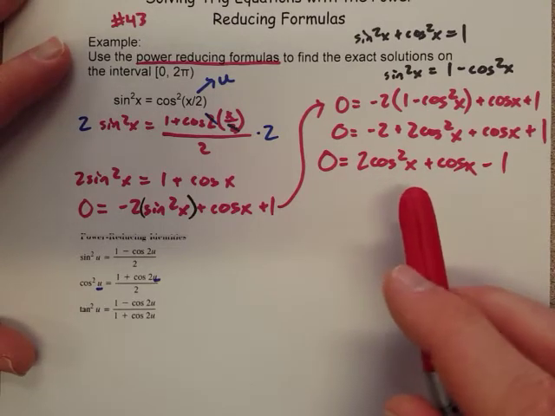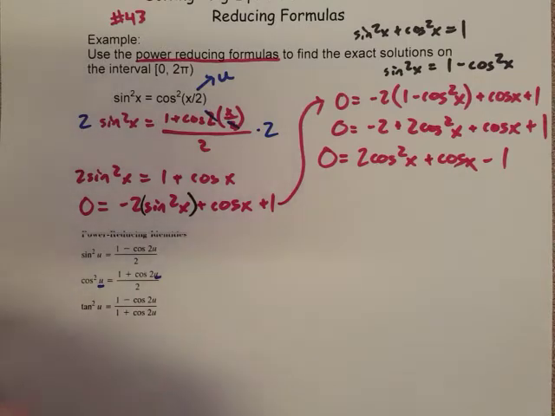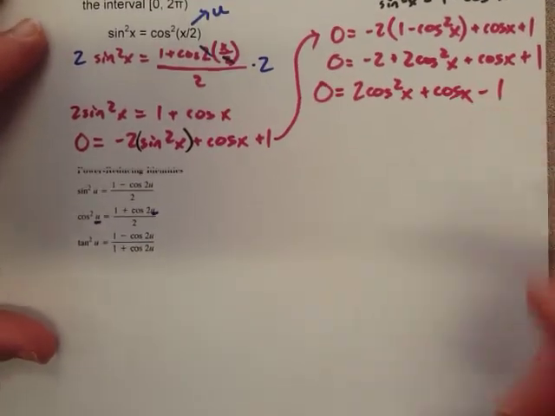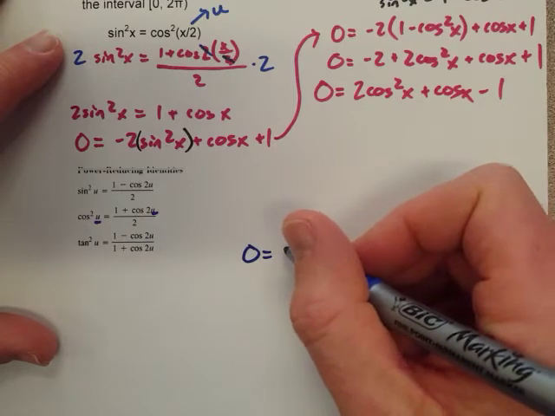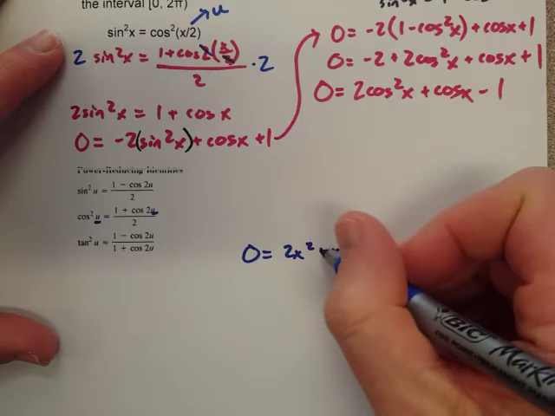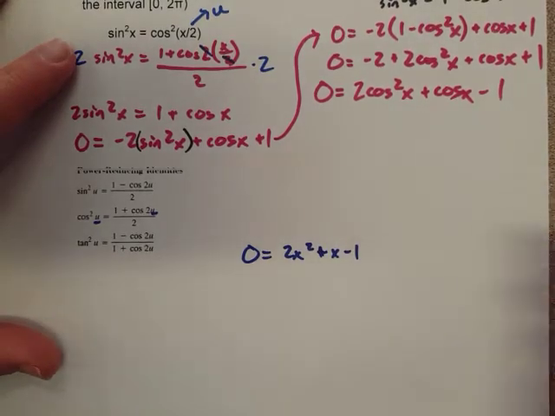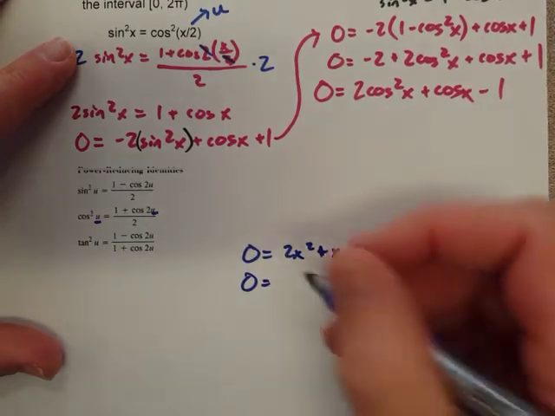This is one that we can actually factor like a quadratic. So if we factor this like a quadratic, just as a side note, this would look like 0 equals 2x squared plus x minus 1. We're going to think about it like that. Now, if you're going to factor this, it's a little bit of guess and check going on here, but here's what the factoring would look like.